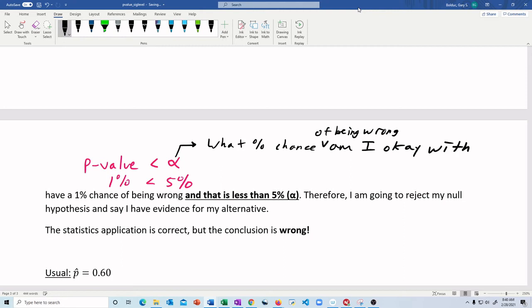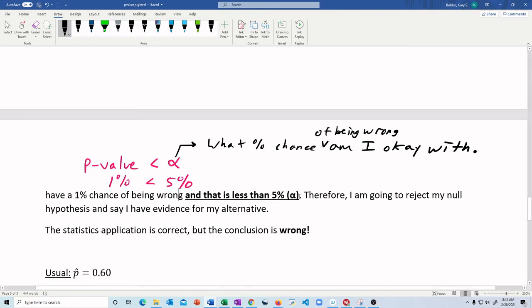am I okay with? Now we have to be a little more specific here, because this doesn't just give us the percentage chance you're just wrong about any conclusion you make. Specifically, this is the percentage chance you're wrong if you reject. So if I go to reject the null, like I'm doing right now, this is the percentage chance when you set up the problem that you are going to be wrong.